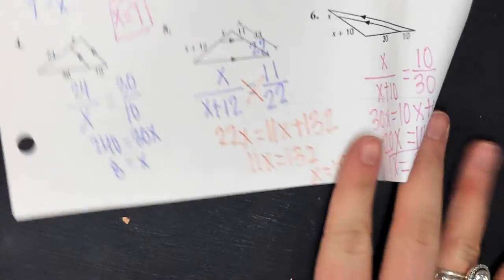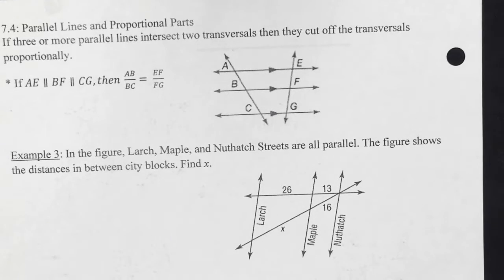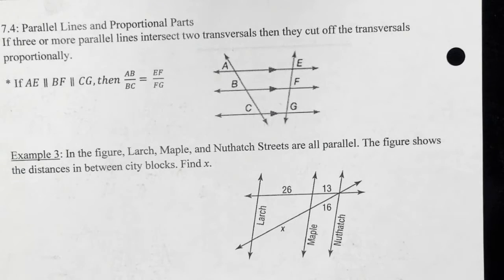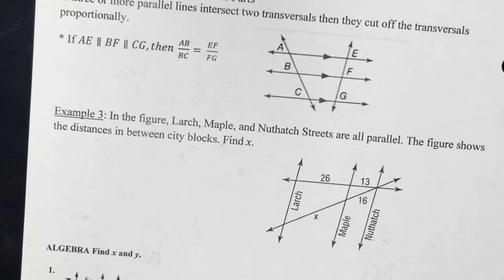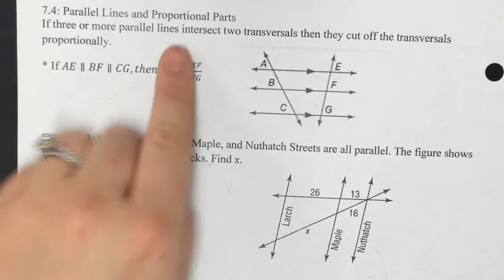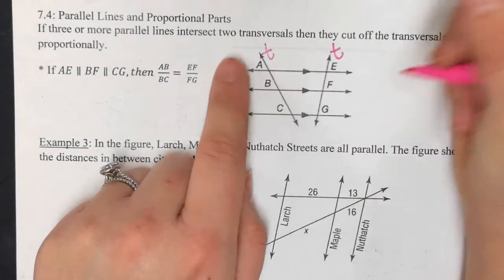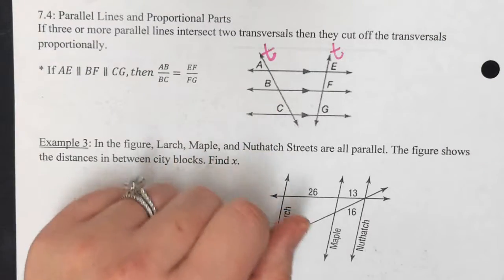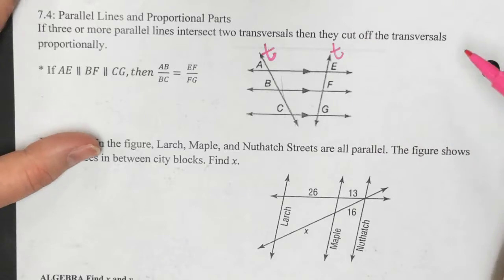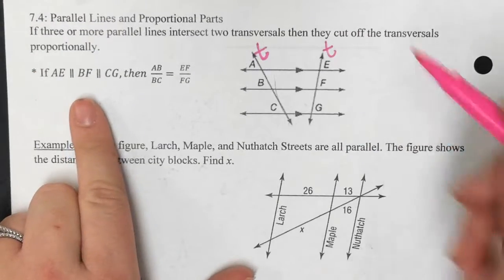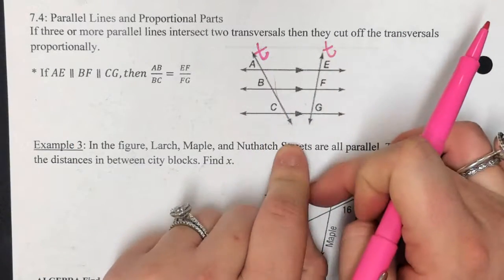All right, let's flip to the back. Now, let's add a little bit onto it. Now we have three lines. If 3 or more parallel lines intersect 2 transversals, this is your transversal, that's 1, this is 2, then they cut off the transversals proportionally. Okay, so AE is parallel, BF is parallel, CG is parallel, and these are your 2 transversals.